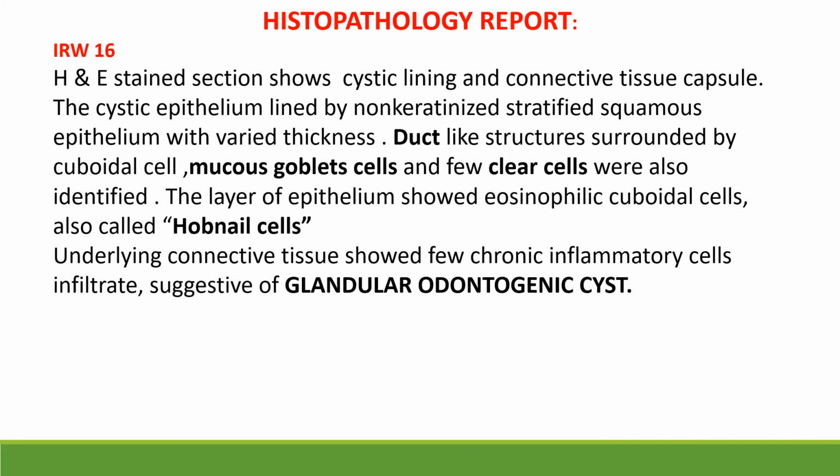The cystic epithelium is lined by non-keratinized stratified squamous epithelium of varied thickness, with duct-like structures surrounded by cuboidal cells, mucous goblet cells, and a few clear cells also identified. The superficial layer of epithelium shows eosinophilic cuboidal cells called hobnail cells. The underlying connective tissue shows a few chronic inflammatory cells infiltration, suggestive of glandular odontogenic cyst.